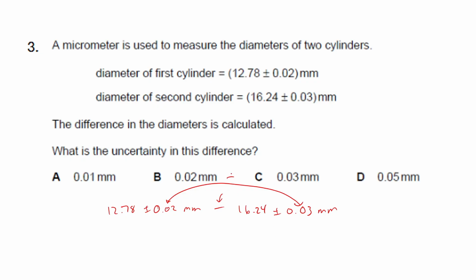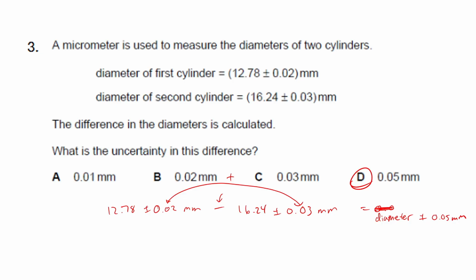You get your difference in diameters, and then the plus or minus uncertainty, 0.05 millimeters. So in this case, the answer is D.